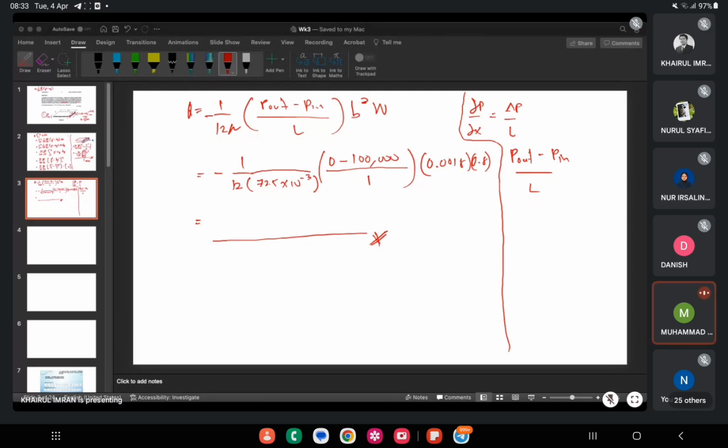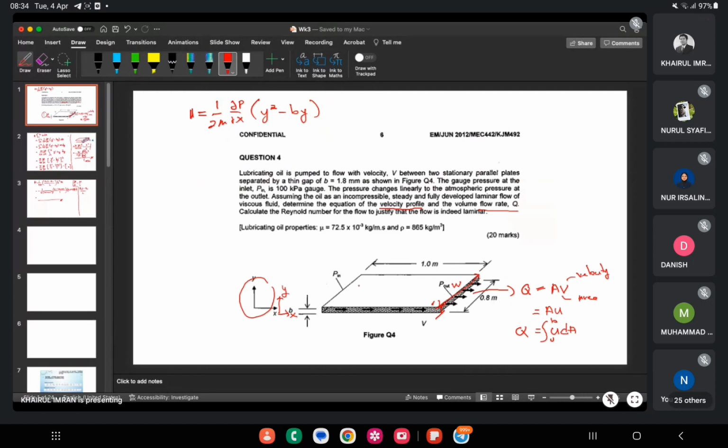Sir, the value of 0.015 with 0.8, where does that come from, sir? 0.0018. Sorry, my handwriting. B is 1.8 meter, 1.8 millimeter, right?